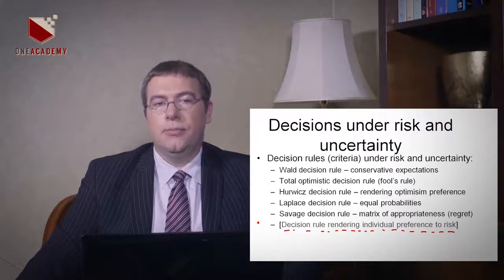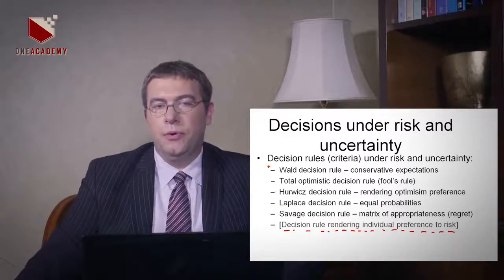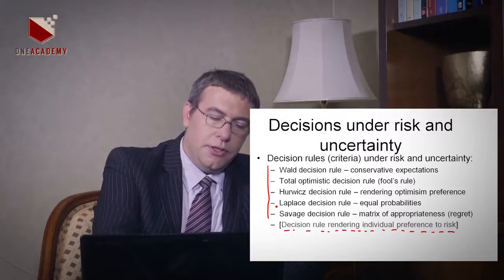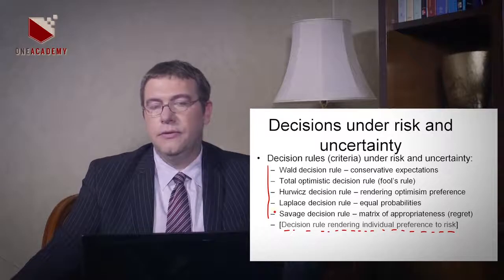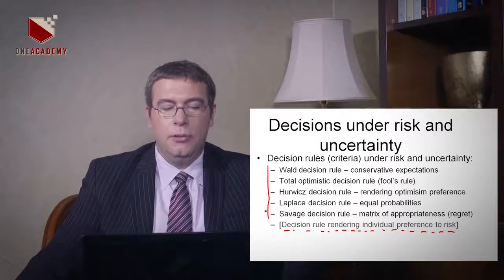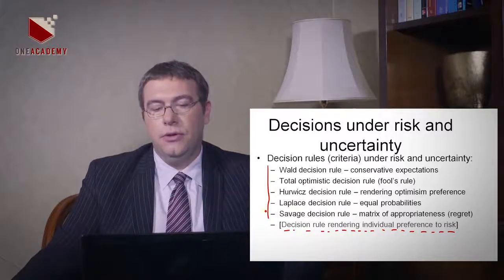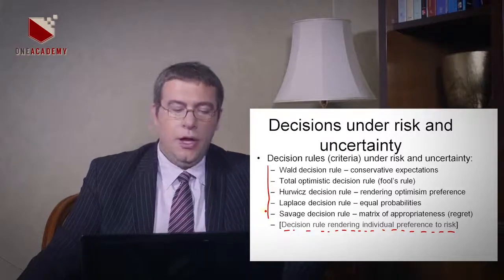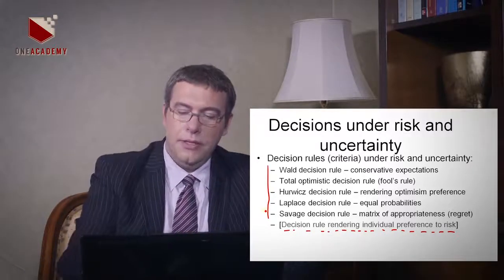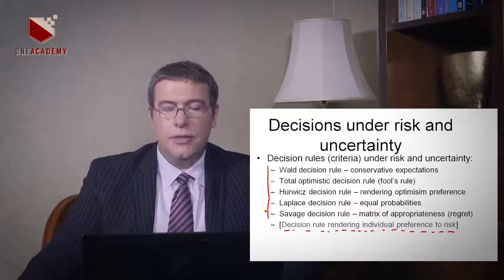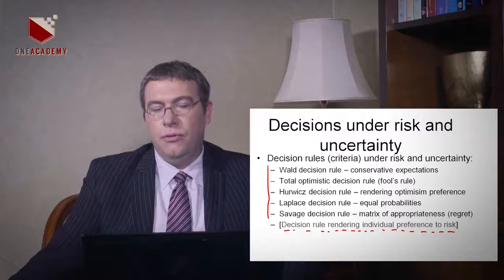But since it's not that popular, I'm only going to stick to the most popular ones, which are these 5 decision rules: the Wald decision rule of conservative expectations, the total optimistic decision rule, sometimes jokingly known as the fool's rule, the Hurwicz decision rule, rendering optimism preference, and the Laplace decision rule, which is the rule of equal probabilities.